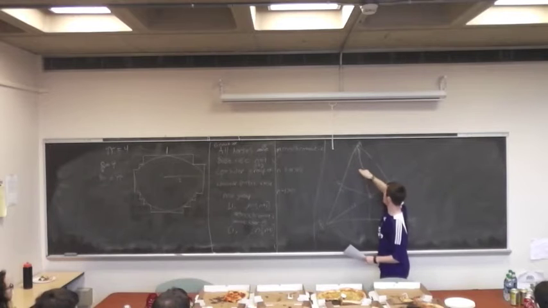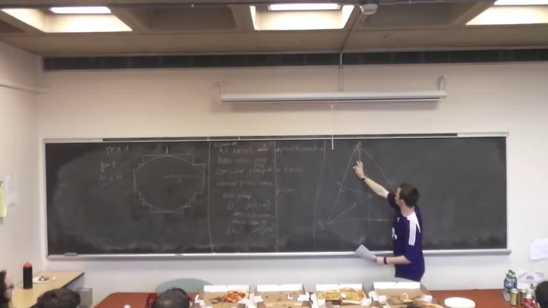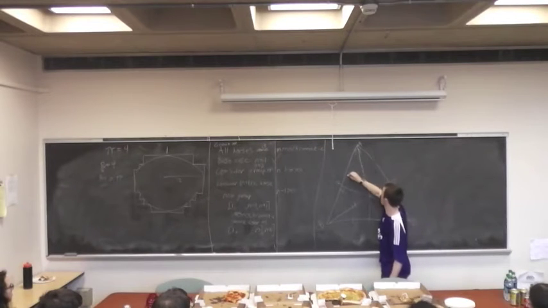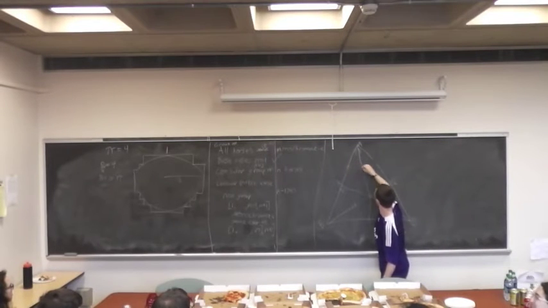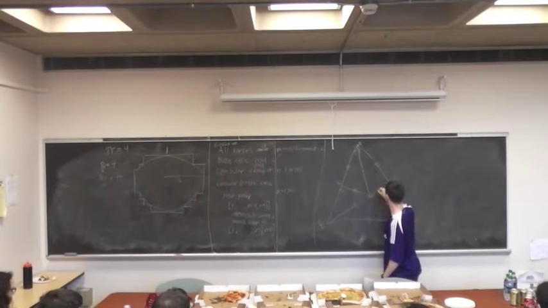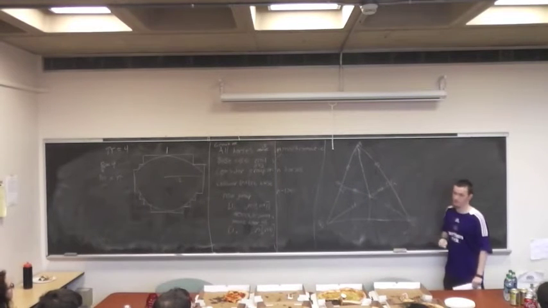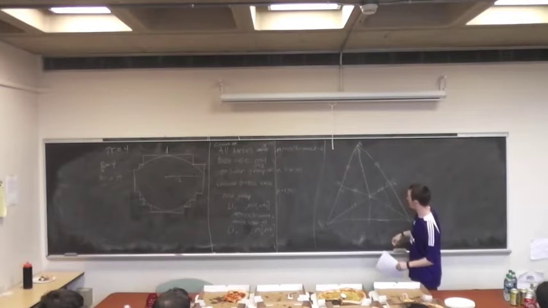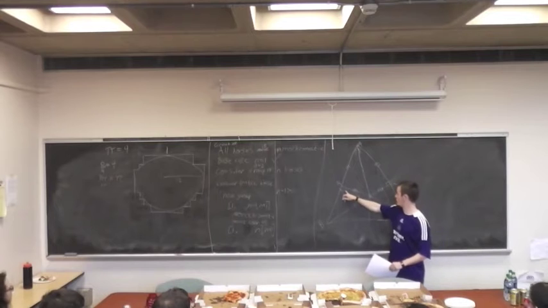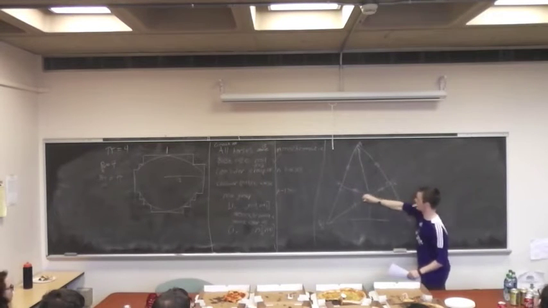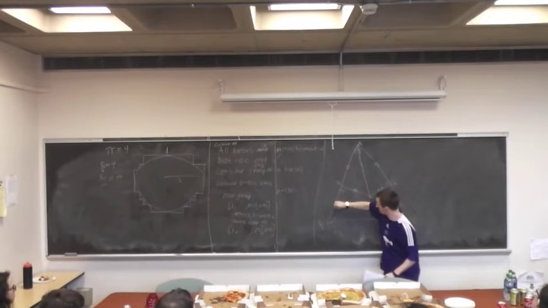By angle, side, this triangle and this triangle are congruent. So, therefore, those two lengths are the same. And by right angle, side, these two triangles are the same as well.